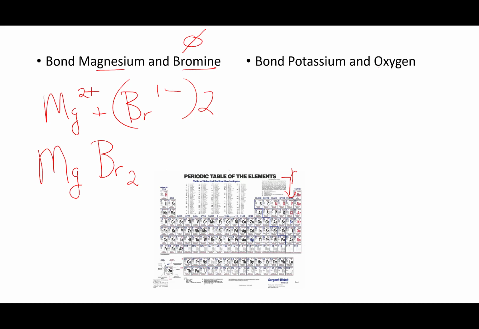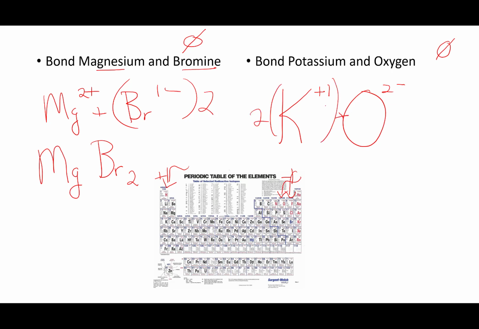Potassium and oxygen. Potassium is a group 1, and those produce ions of +1, so potassium +1. Oxygen -2 from right there. That's the most common ion. Again, the total charge we want is 0. So how are we going to achieve that? Well, we would need 2 potassiums to 1 oxygen.